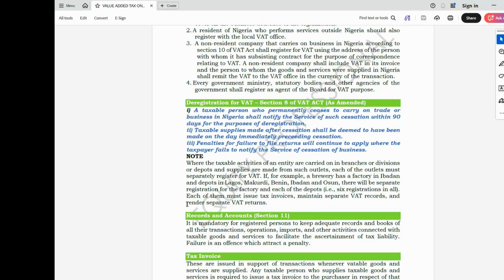Once you charge VAT on any transaction, you must keep record of those transactions, because government are still going to ask you for those records.